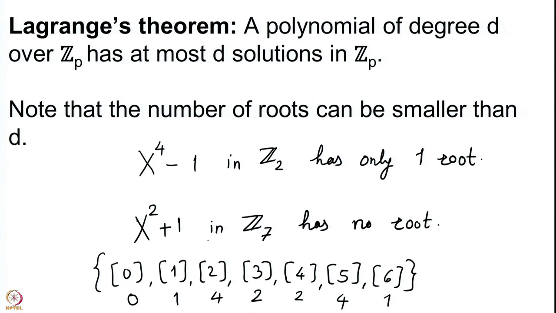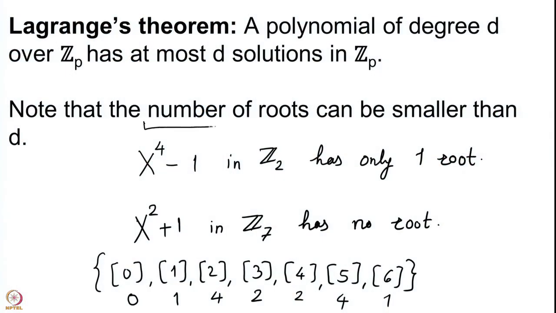So, there are no solutions at all. The degree of the equation is 2, the number of elements in Z7 is 7. You could have had 2 solutions, 1 solution, but this equation has no solution. So, this is indeed an instance where the number of roots is smaller than the degree d.